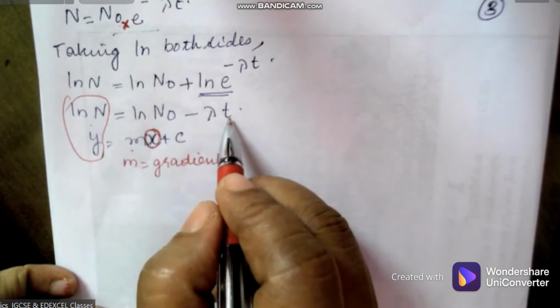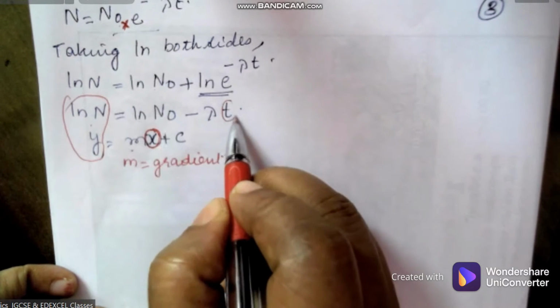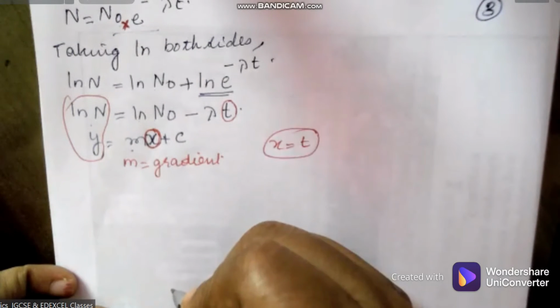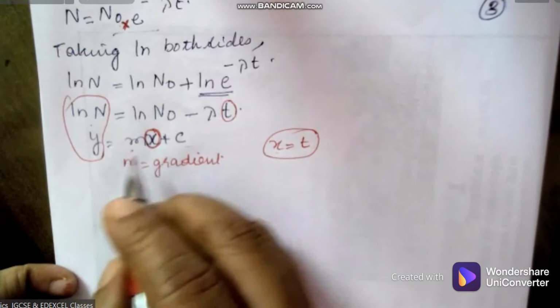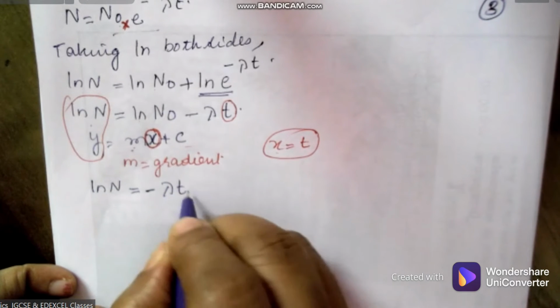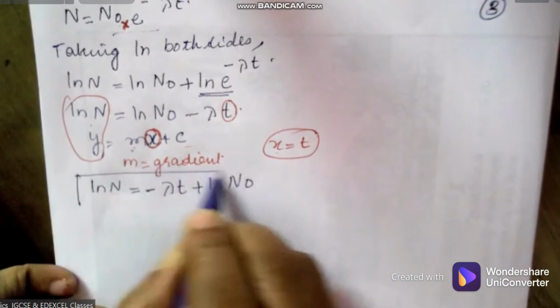Similarly here, ln N naught is a constant and the variable is t. So x is equal to t. Rearranging, ln N is equal to negative lambda t plus ln N naught.